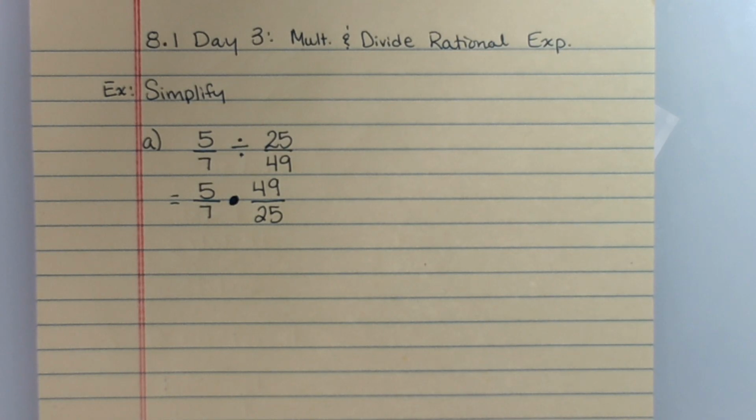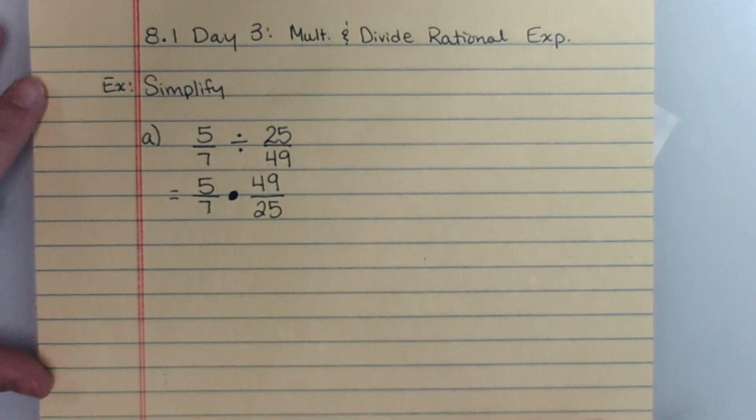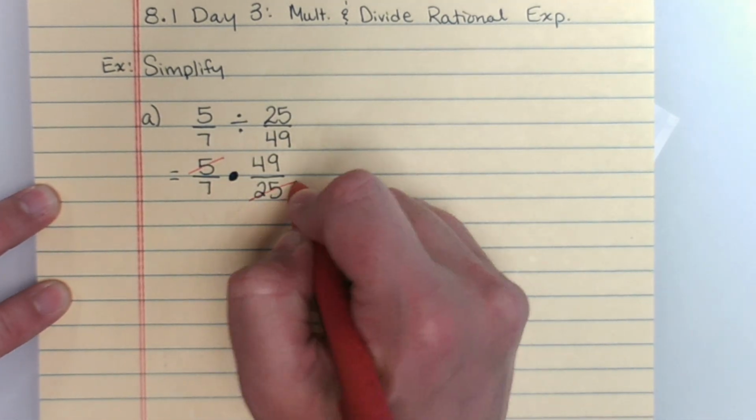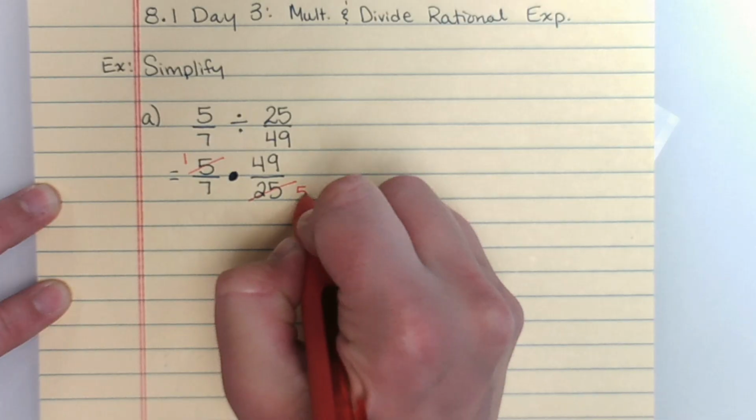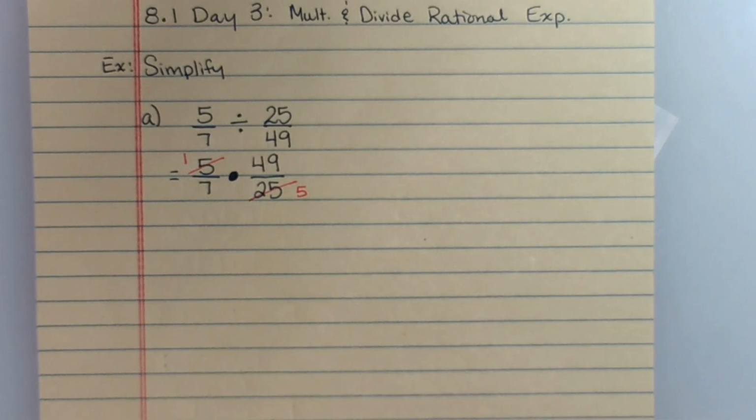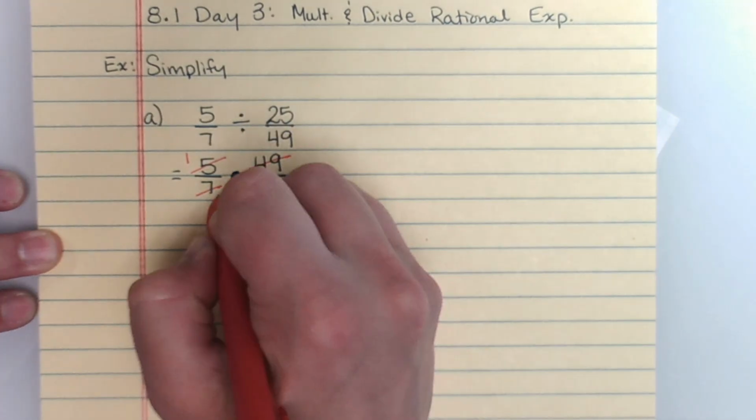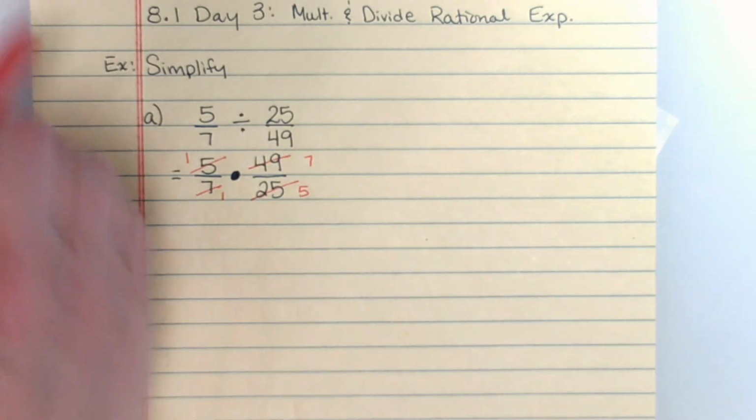Now it's multiply. Can I cross simplify now? Yes. As soon as it turns to multiply, you can cross simplify, but do not do it before then. Is there something I can divide out of top and bottom? 5. Leave a 1, leave a 5. Anything else? 7. Leave a 1, leave a 7.